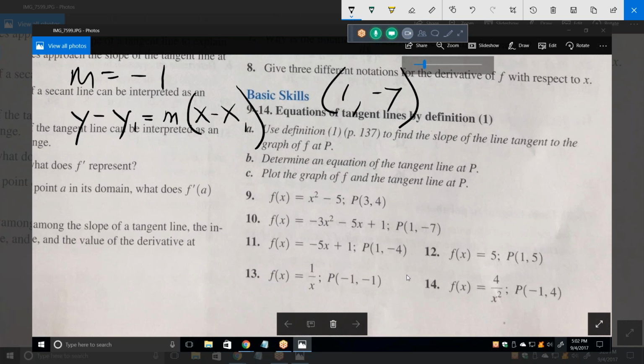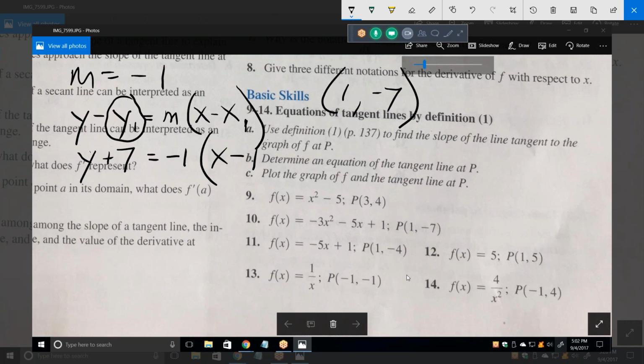It would be y minus -7, which is y plus 7, equals -1 times x minus 1.